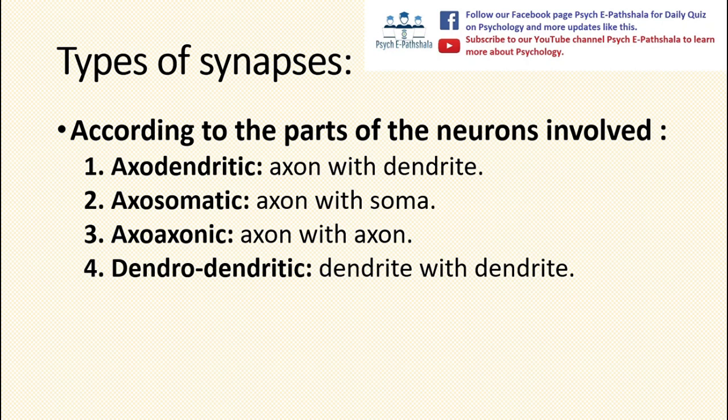Number 3, axoaxonic, where the end bulb of an axon is attached to the membrane of an axon just before the axon bulb. Number 4 is dendrodendritic, where the dendrite of one neuron is attached to another dendrite.